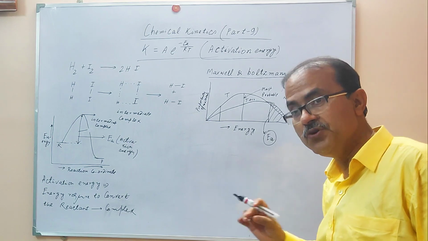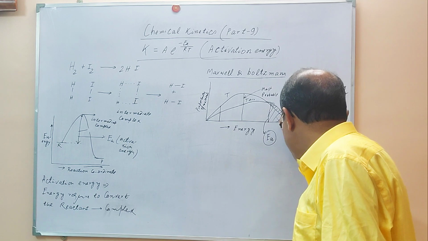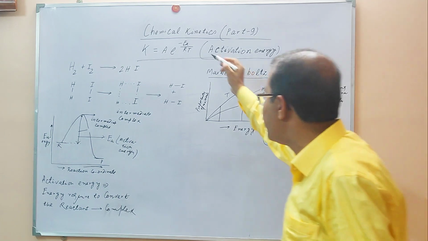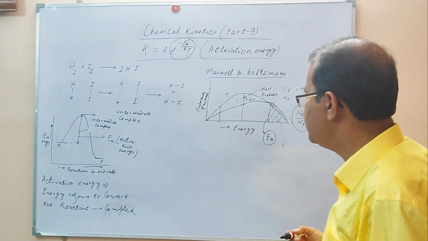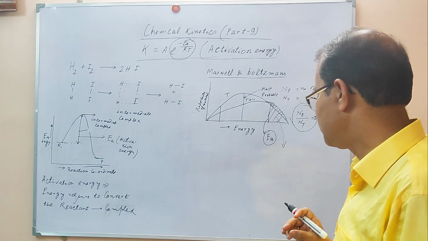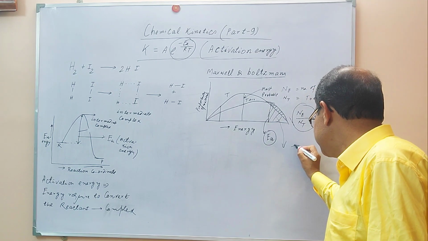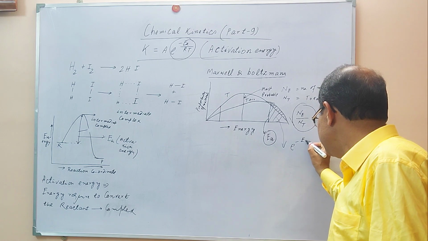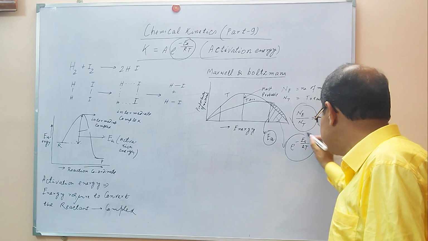Higher temperature, the proportion will be increased, and this proportion is defined by this. You can see this is the proportion of molecules having the higher kinetic energy, so we can say this is EA by RT.